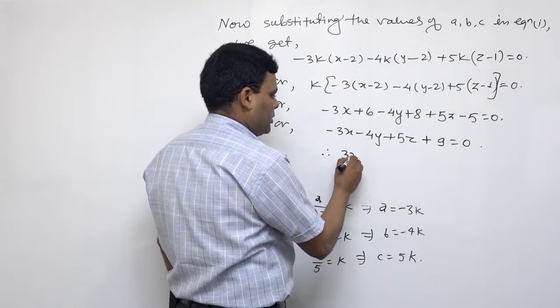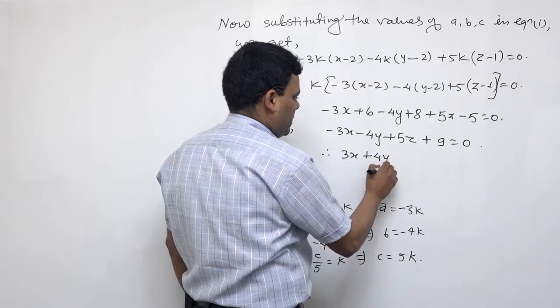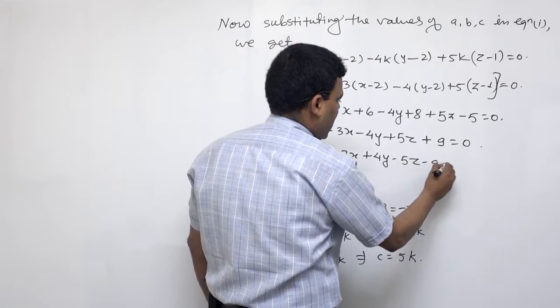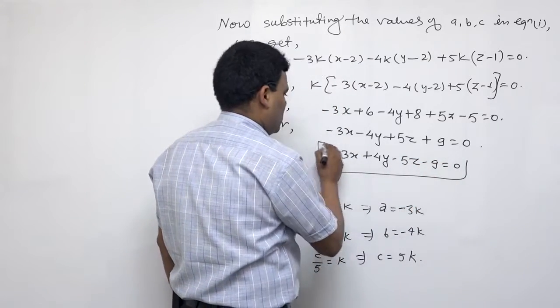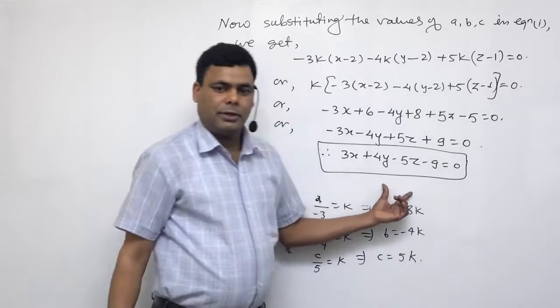Therefore 3x plus 4y minus 5z minus 9 equals 0, which is the required equation of the plane.